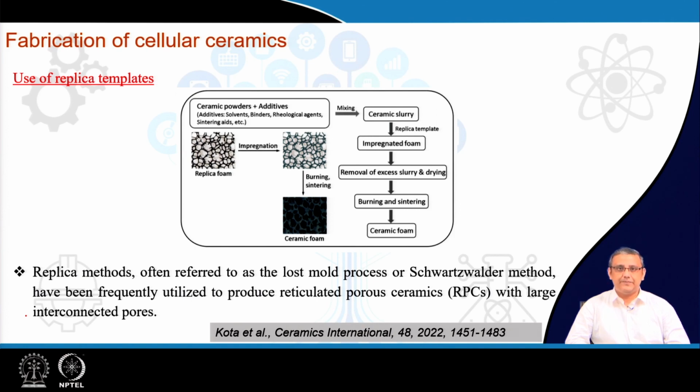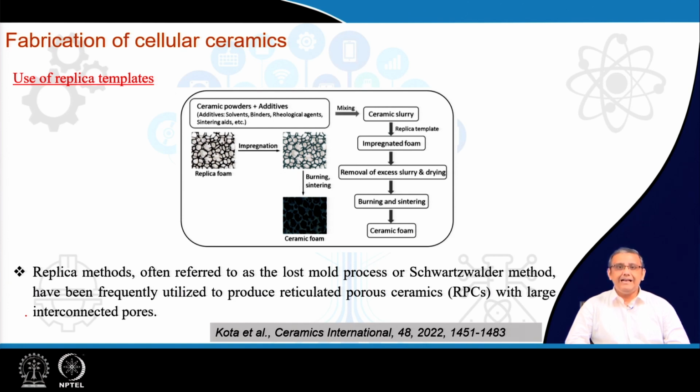That means the initial selection of the polymer foam is very important. After the polymer foam is selected, the first step is the fabrication of a ceramic slurry, which should have sufficient rheological properties and a well defined viscosity.